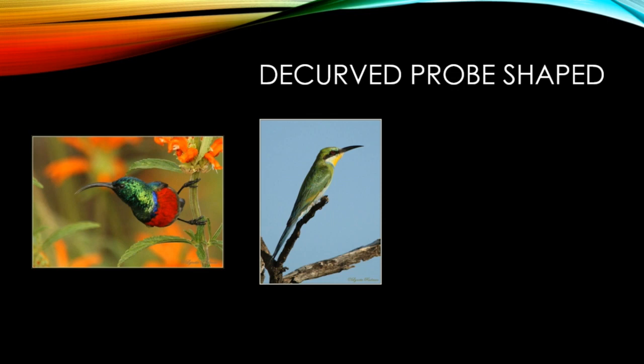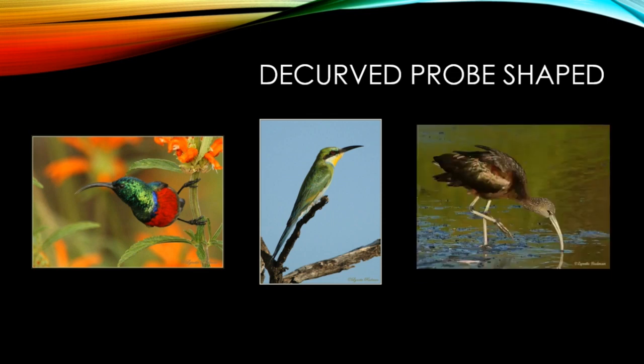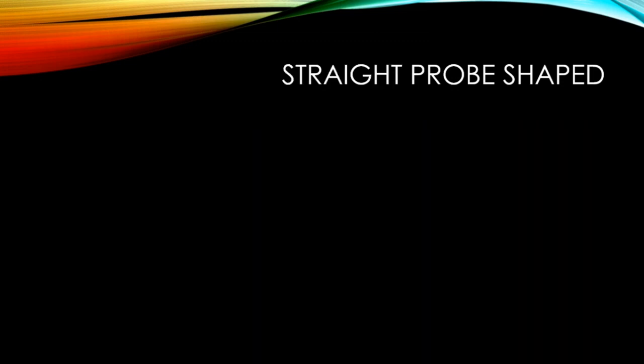And then you'll get various waders that will be probing mud flats, trying to find various little mollusks and snails and other invertebrates in the mud, and they tend to have these decurved probing shaped beaks. So straight probe shaped beaks, a lot of the times that's the waders.